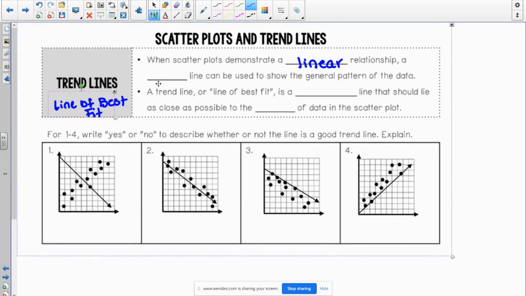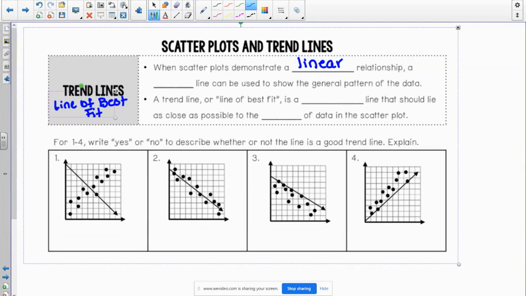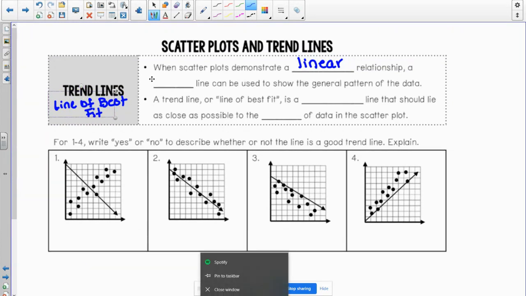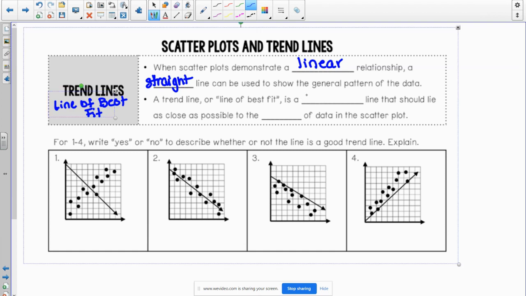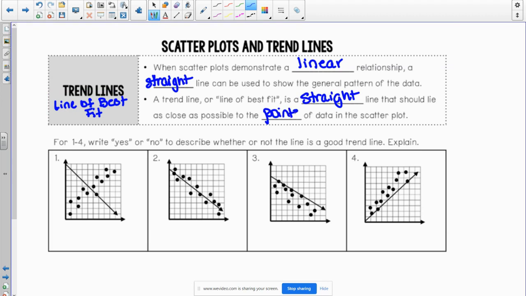A straight line can be used to show the general pattern of that data. A trend line, or a line of best fit, is a straight line that should lie as close as possible to the points of data in the scatter plot.